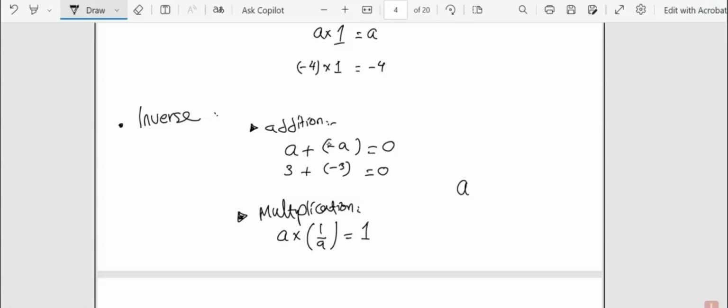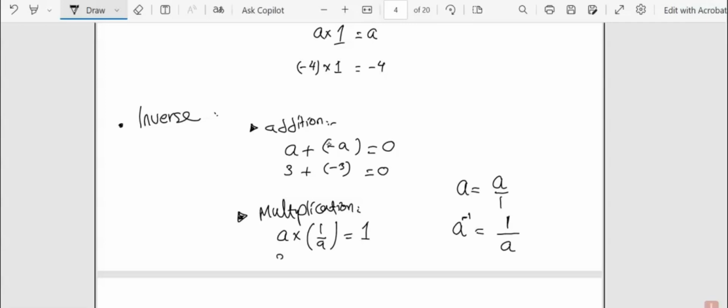We agree that a is equal to any integer, and we could put it as a over 1. To get the a inverse, you could denote it by just a to the minus 1. The numerator we put in the denominator, so we reverse it, flip it. The numerator will become 1 and the denominator will become a. So this is a inverse.